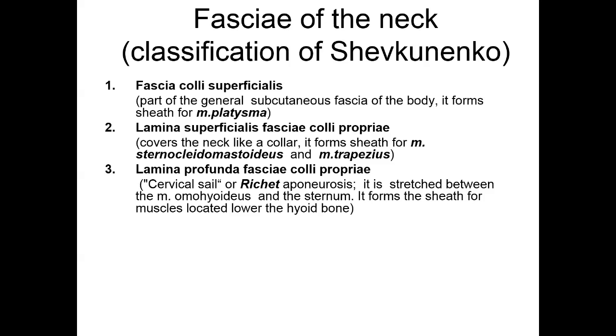Aponeurosis of Riche. We can say that it is stretched between musculus omohyoideus and sternum. It forms the sheath for muscles located lower than the hyoid bone.